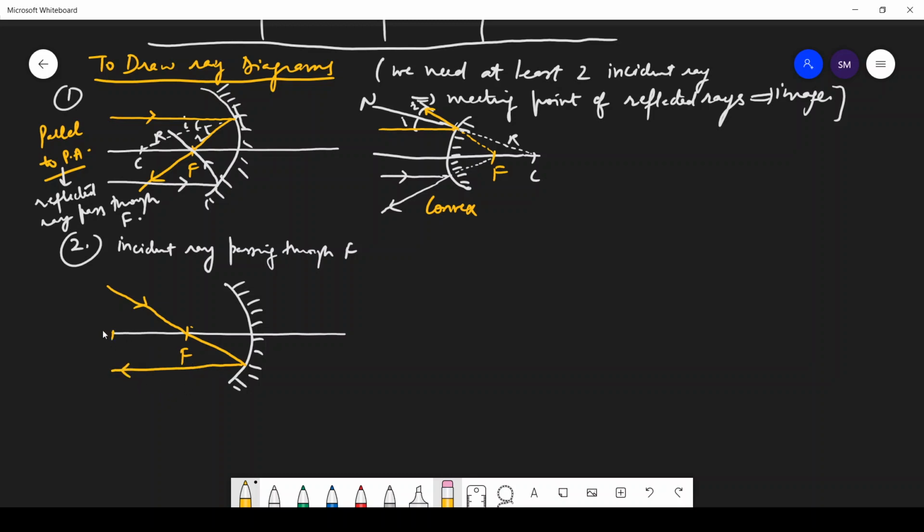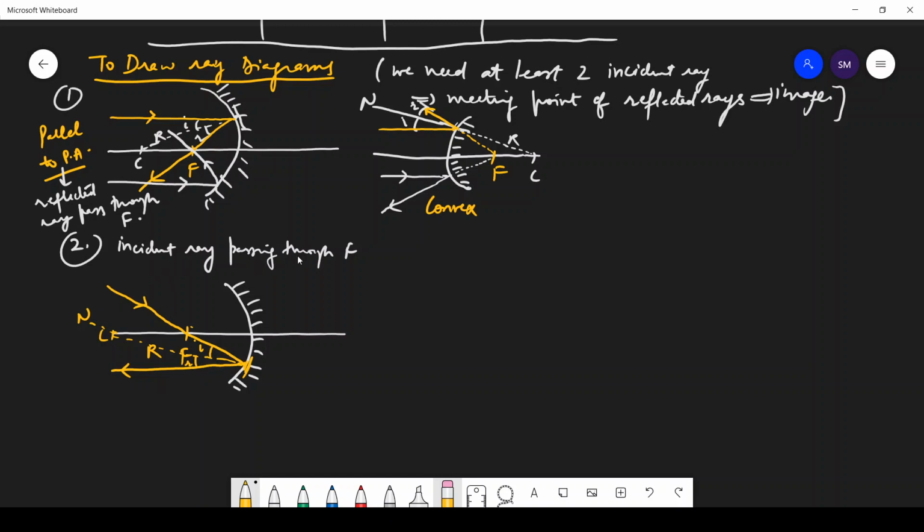So this will be my center of curvature, this will be my radius, and this the angle of incidence, because this radius is always perpendicular to the tangent. This tangent is actually this surface, it behaves like a flat surface very, very near to it. So this is your normal. Always for the incident ray and reflected ray, there will be an angle of incidence and an angle of reflection, and these laws are going to be followed.